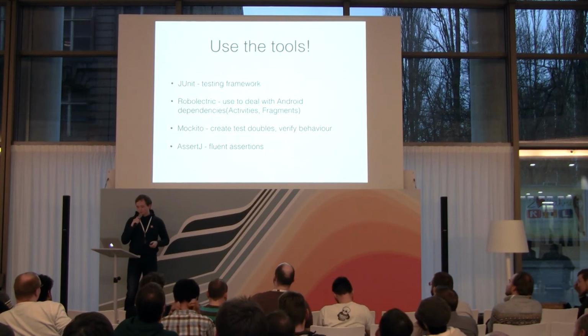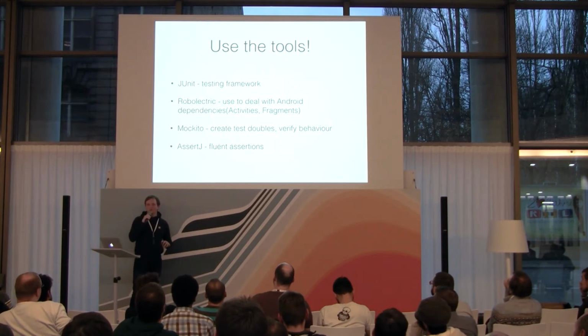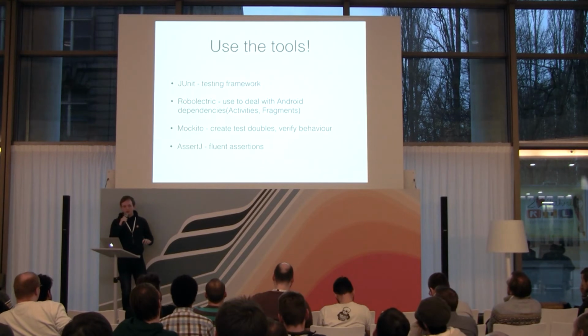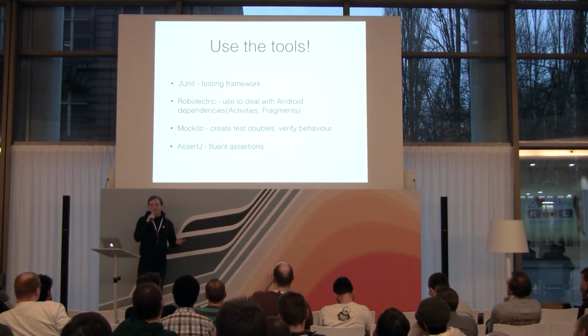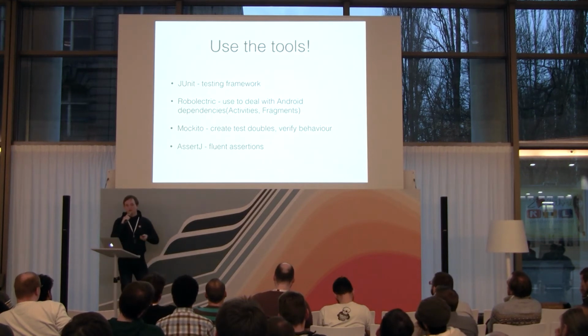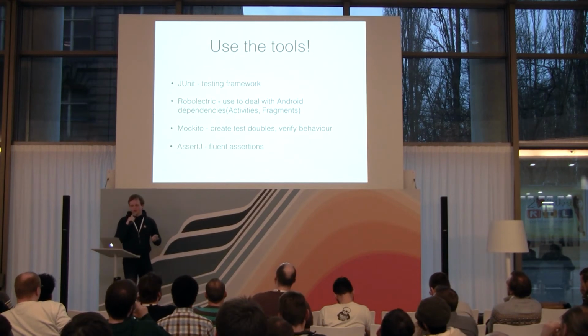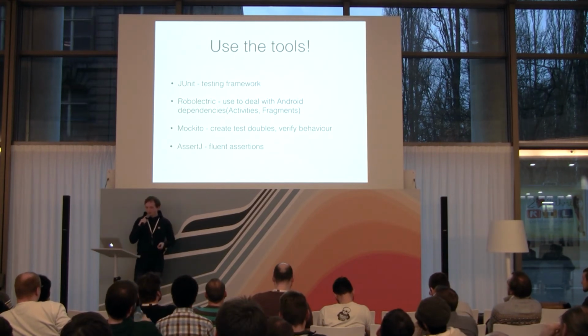Actually JUnit 4. Robolectric is something which we also use, and it's also used for unit tests on Android, but primarily it's used to deal with Android dependencies. Like whenever you have an activity or fragment or, I don't know, service, and you want to test it, you want to construct activities or fragments in your tests, you would use Robolectric.